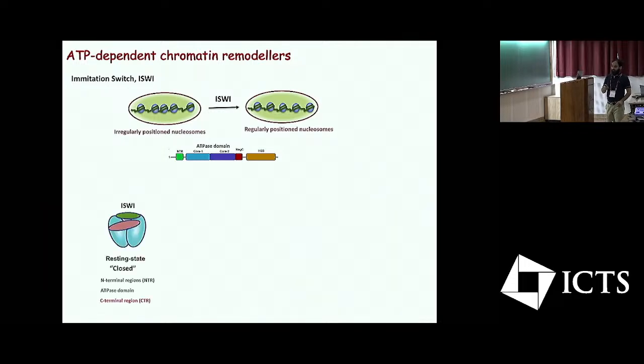What we know about ISWI, from some biochemical experiments and cross-linking mass spec experiments, is that in the resting state it folds its N and C terminals over its ATPase domain, and it just rests. But there is no structure of the entire ISWI protein available; this is from indirect biochemical and cross-linking experiments. In order to bind the nucleosome, ISWI has to open up.